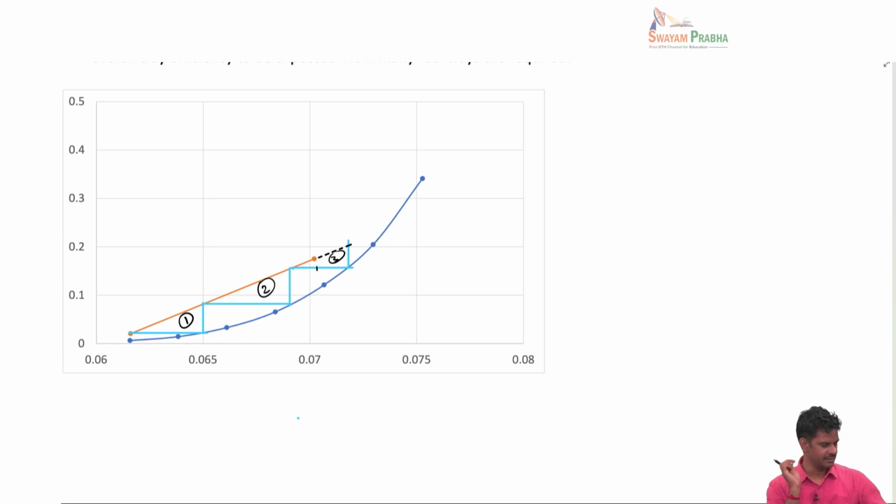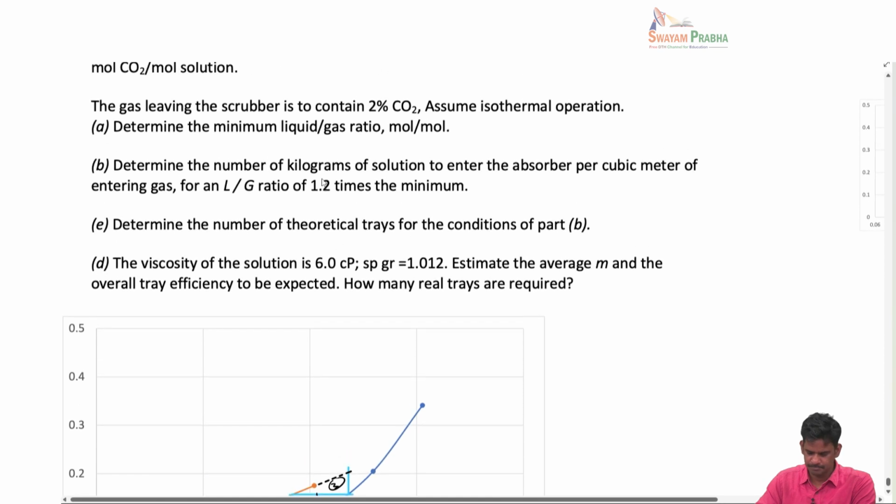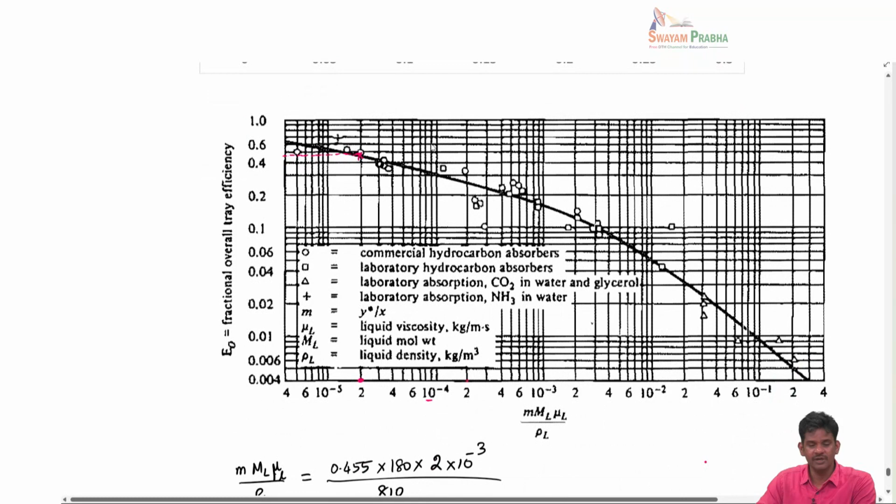So in this problem, interestingly, you cannot use this Kremser equation because m is not constant, and so is A. What you could do is, in this problem, they ask you to estimate the average m and then the overall tray efficiency to be expected. To calculate this overall efficiency from this plot, you need an m, and this m is not constant for the problem.